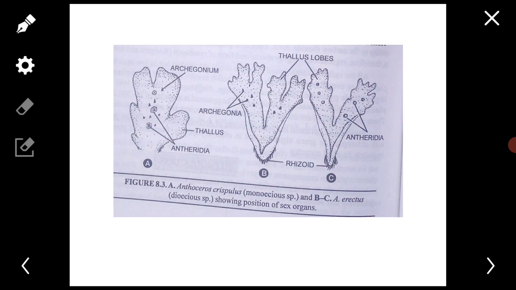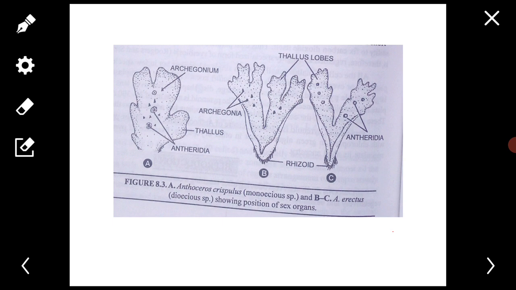Next, that is the sexual reproduction. The sexual reproduction in Anthoceros is oogamous. Male sex organs are antheridia and female sex organs are archegonia. Some species are monoecious, meaning male and female sex organs are formed in the same plant, whereas some species are dioecious.